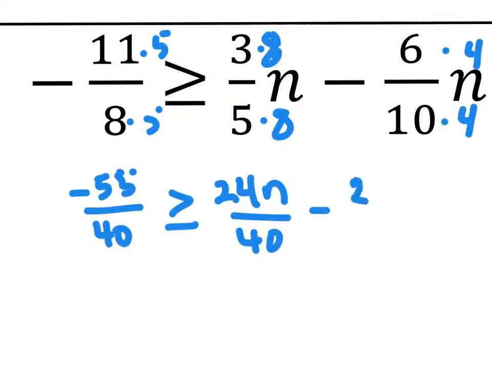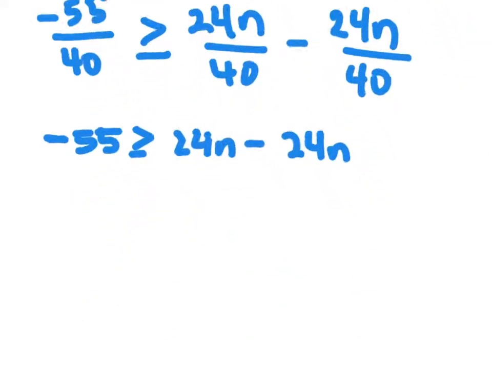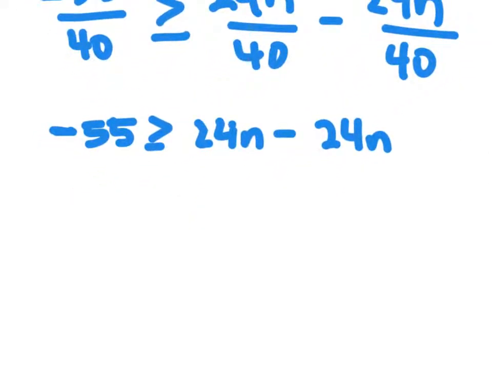So you get 24 over 40. Now, remember what we said, we got all the denominators the same, so we're just going to rewrite without denominators. And then we have negative 55 is greater than or equal to 24n minus 24.